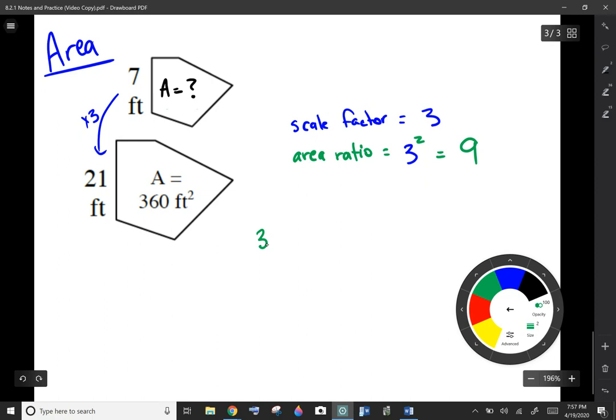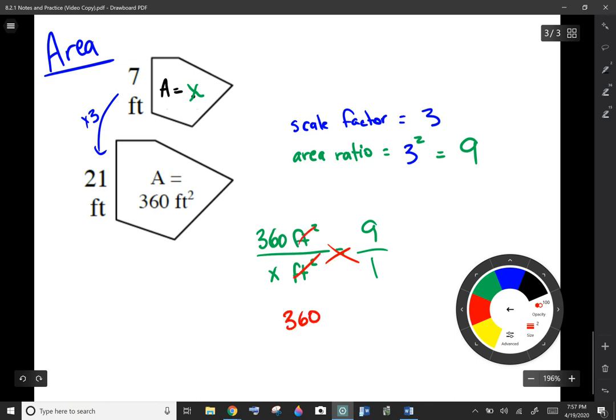So when I take this 360 feet squared all over, let's call this x feet squared. So that's what this is going to be for us. Call that x. We know that equals 9 times as big. Putting that over 1 like before, and we cross multiply, we get 360.